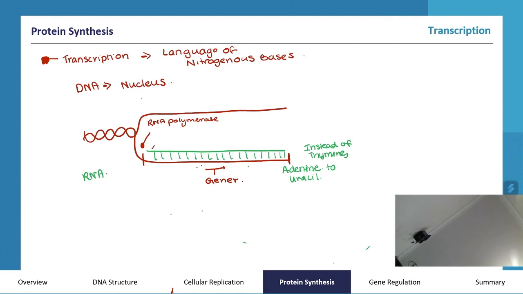Specifically, this happens because RNA has the ability to leave the nucleus. And that allows it to reach all of the structures that actually end up doing protein synthesis later on.